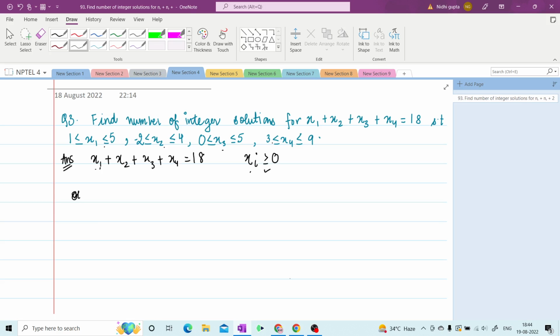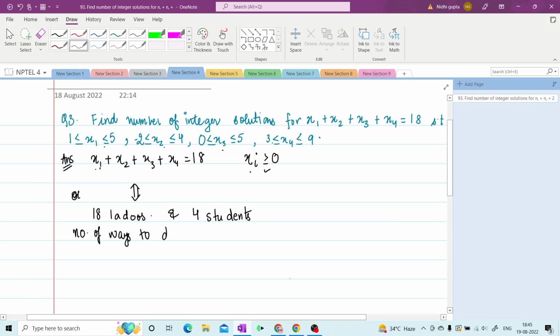So this problem is equivalent to saying that we have 18 laddus and 4 students, and we want to find the number of ways to distribute 18 laddus among 4 students.